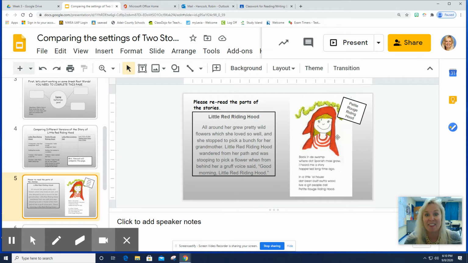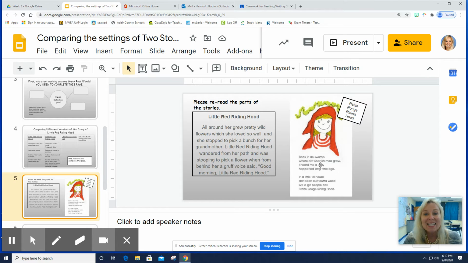For instance, in this case, the original story had a wolf as the antagonist, and Petite Rouge had a gator as the antagonist. Well, the setting affected that because in Little Red Riding Hood, it makes sense that there's a wolf in the woods. Well, in the swamps of Louisiana, you have a lot of alligators. So it makes sense that the antagonist in the story Petite Rouge Riding Hood is a gator.